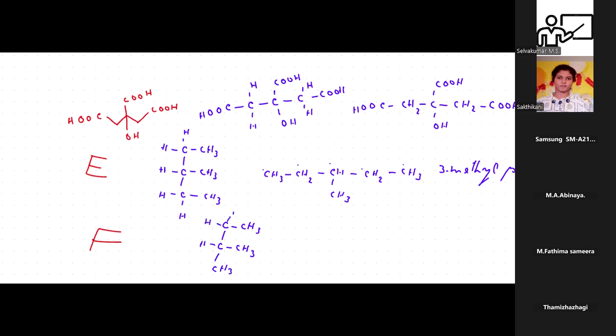So this molecule can be linearly written as CH3, CH, CH3, CH2, CH3. So 1, 2, 3, 4, 2-methyl butane, 2-methyl butane.